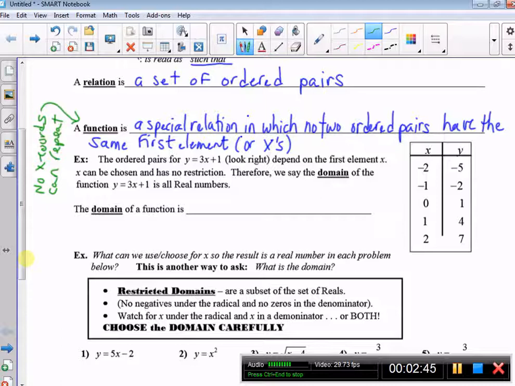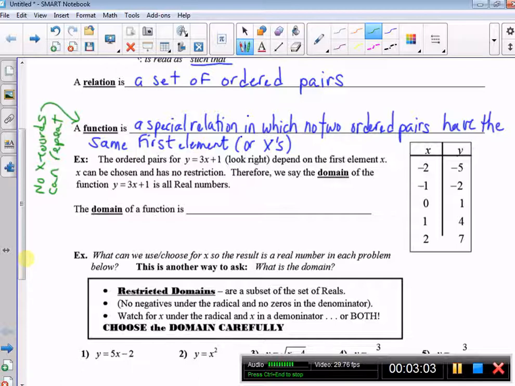Pi, 0, 2.7, any number, radical 3. There's no restriction. There's nothing that's going to make this equation undefined. Therefore, we say the domain of the function is all real numbers.